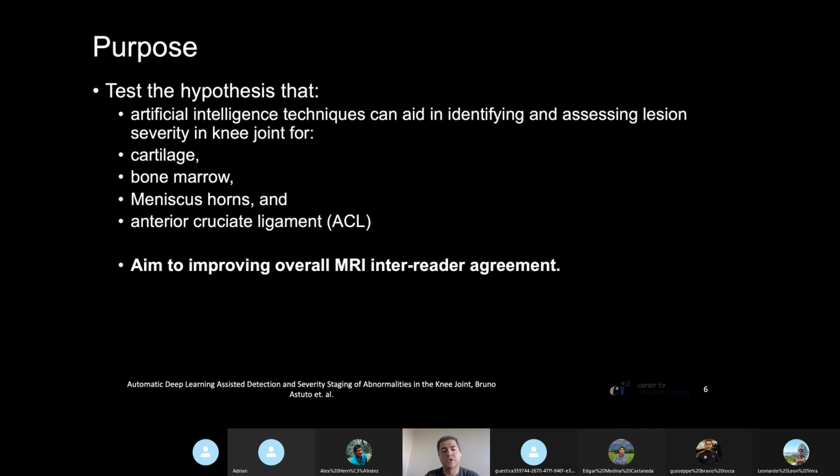Our final goal is to try to improve the overall inter-reader agreement. So in the end, we want to show that our model can aid the radiologists in grading the images and improve the agreement between different radiologists when they use the aid of the model that we developed.